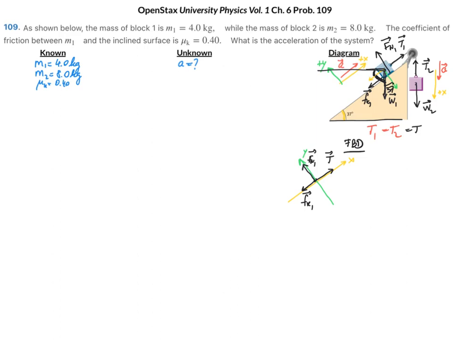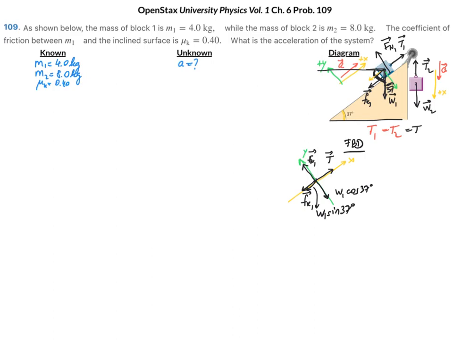So then the y component of weight 1 is going to go with a cosine because it's adjacent to the 37-degree angle. So it's going to be W1 cosine 37 degrees. And the x component here is going to be the sine component. So that's my W1 sine 37 degrees.